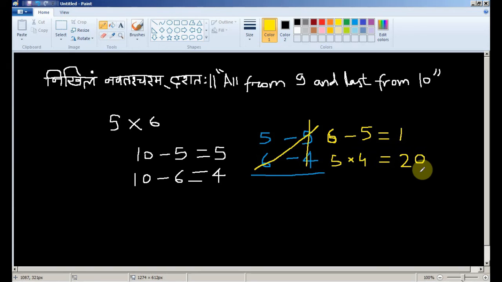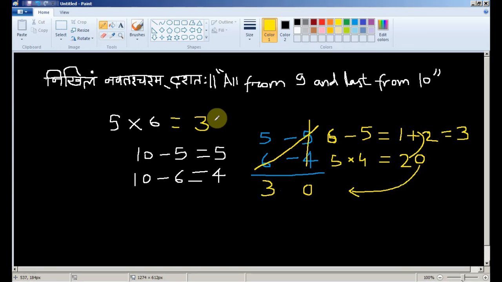In this case what you do is you bring down the second digit and write it here, and this 2 will be added here. So this will result in 3, and you write down this 3 as the answer. So friends, 5 into 6 is going to be 30.